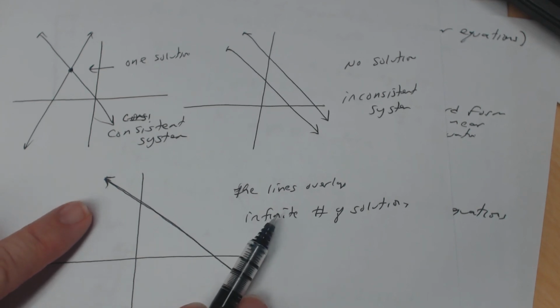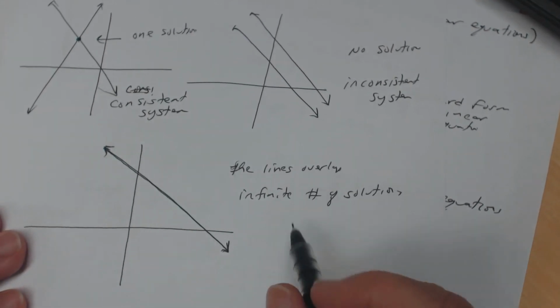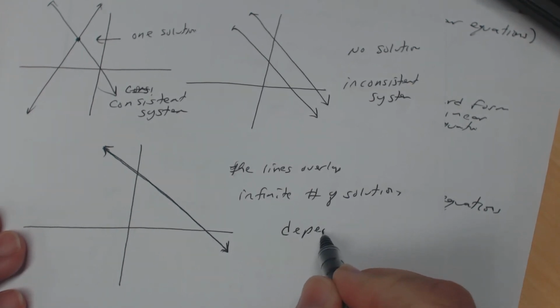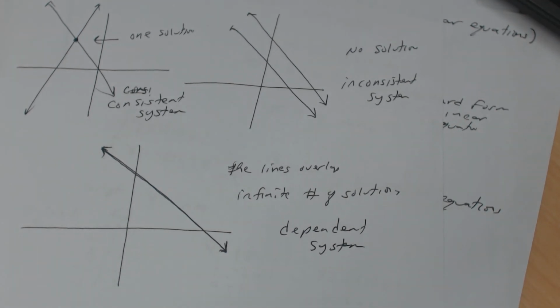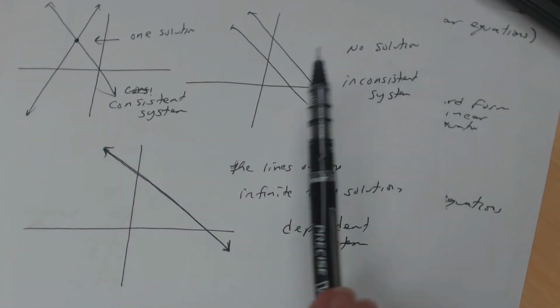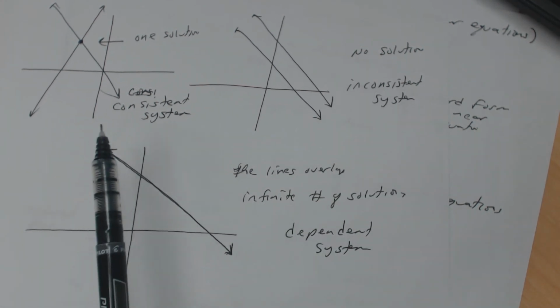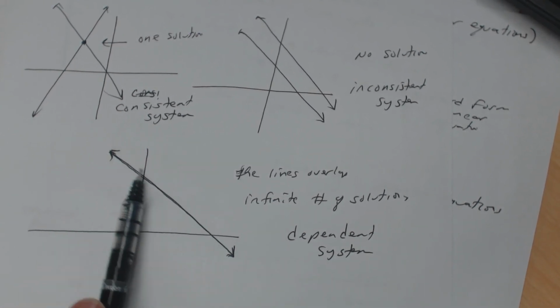If the lines overlap, meaning they have an infinite number of solutions, that's called a dependent system. So one solution, consistent system. No solution, an inconsistent system. An infinite number of solutions, a dependent system. So the two lines intersect at the same places.